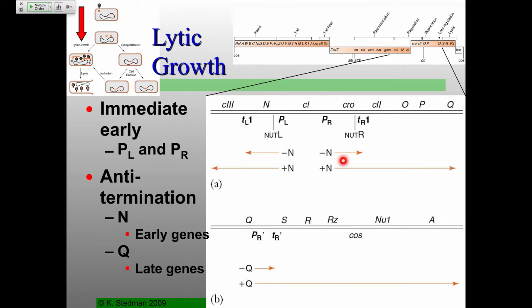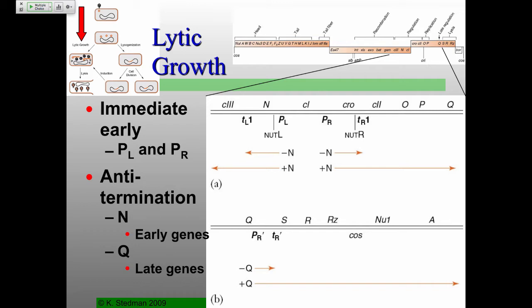Much more important is from PR. You go through and then catch up with Q, which is the second anti-terminator. And once you express Q, that allows expression of all of these genes over on this right-hand side, which includes all of them over here on the other side, because these are circular genomes. And so that's what happens when you have lytic growth. It's expression of N followed by expression of Q.